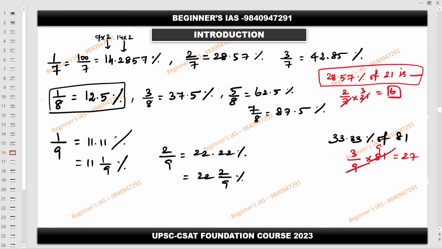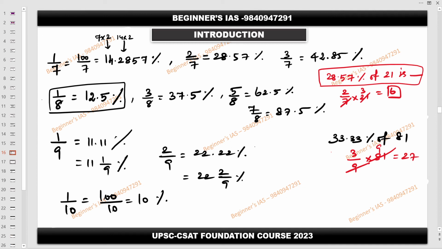Understanding? If you know this conversion, it's easy to convert. I'm explaining this much; at least the first value you need to remember. That is only my suggestion. Now 1 by 10, you obviously know: 100 by 10, which is equal to 10 percentage. So you need to remember this, 1 by 9, etc.